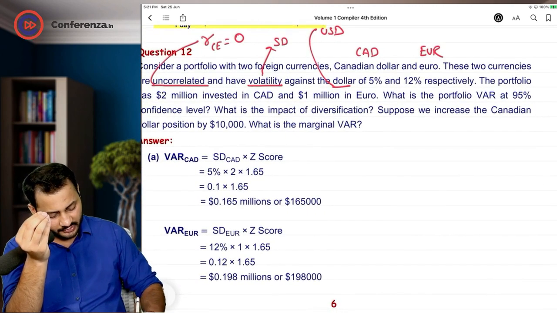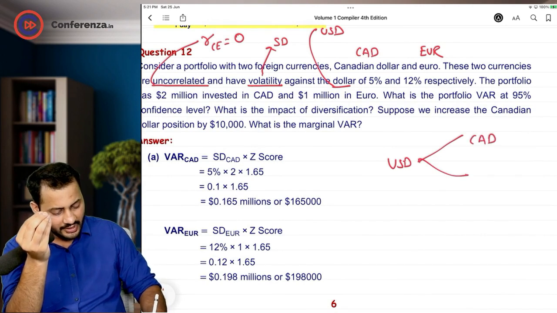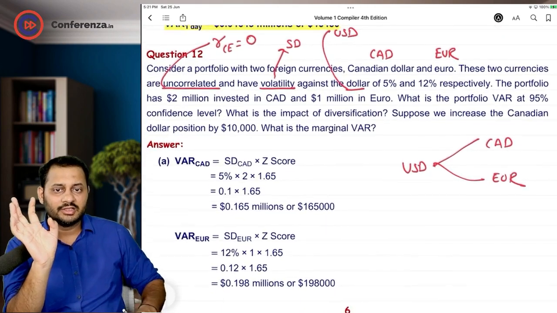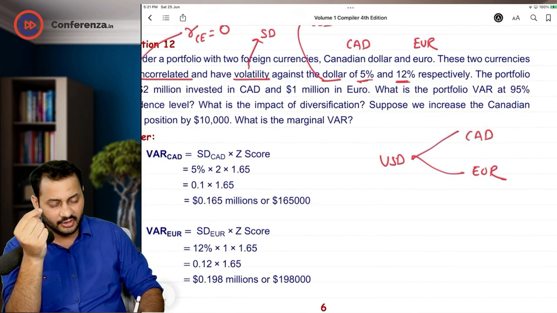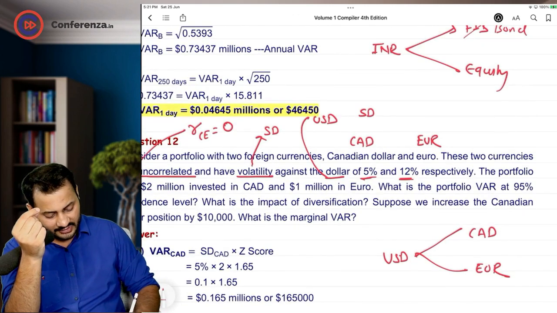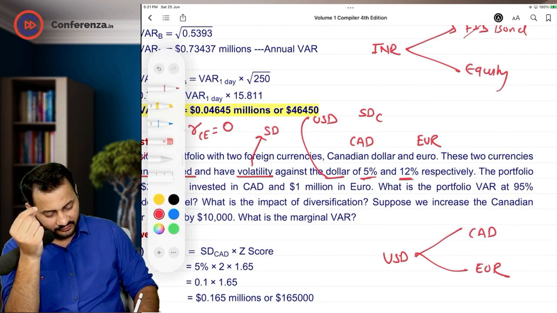In this question, we have US dollar and we are putting that amount into Canadian dollar and euro. Understood? The standard deviation of Canadian dollar is 5% and 12% for euro. Okay, good enough.